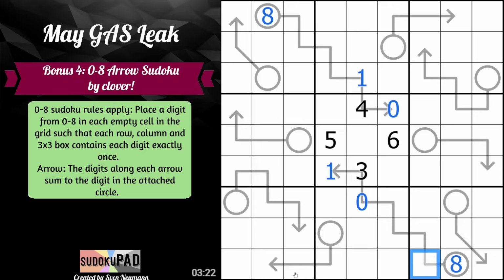Right, 0, 1, let's say that's 1. This could be 0, 2. This would have to be a minimum of 3. But the problem then becomes, this is 0, 2. Yeah, it can't be.